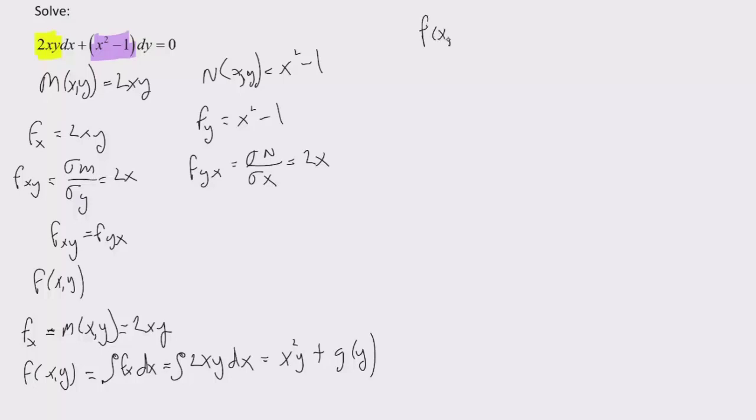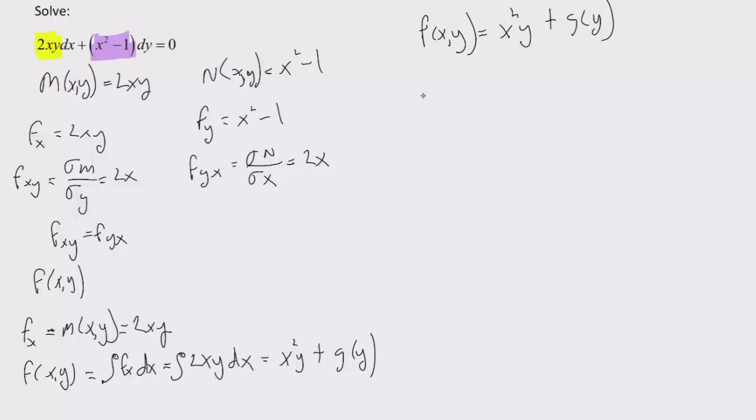Okay, so we got our f of x, y here. I'm going to recopy this so I can keep going down. Looks something like that. But I know an expression that represents the partial with respect to y, and that'll actually give me an opportunity to solve for this g of y.